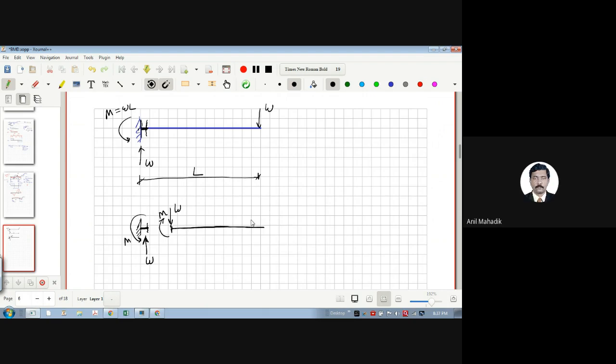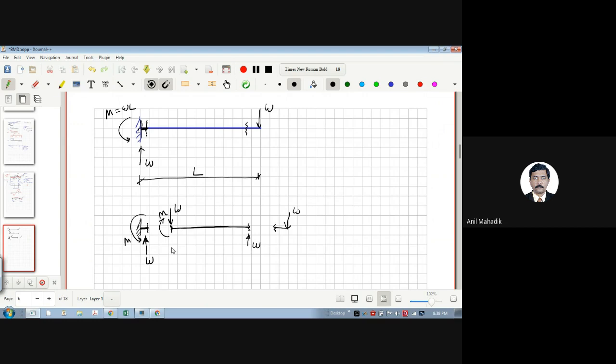Don't forget this. Now let's say I cut here also. This is a small part, which is W. I'm cutting this beam into 3 parts. This is your W, and there is no moment or other forces, only W is there, so there has to be a vertical W direction, right? Getting this?